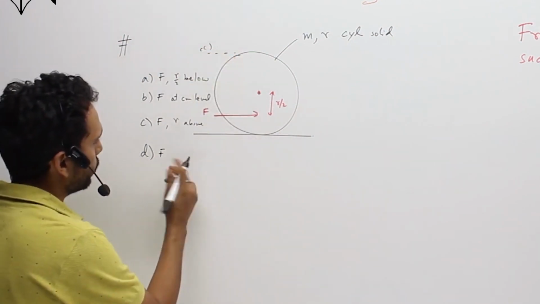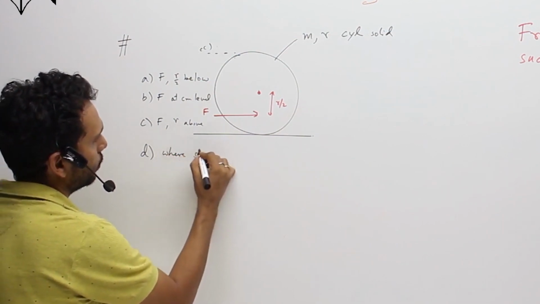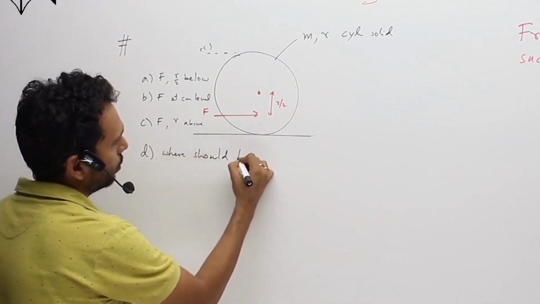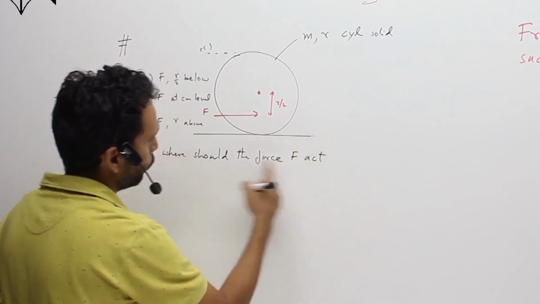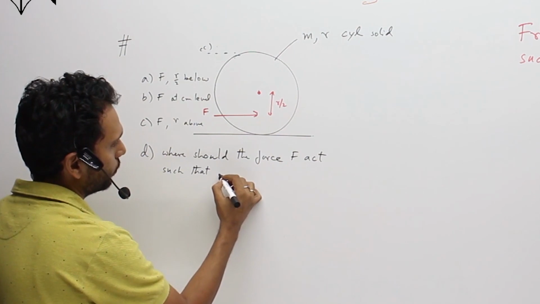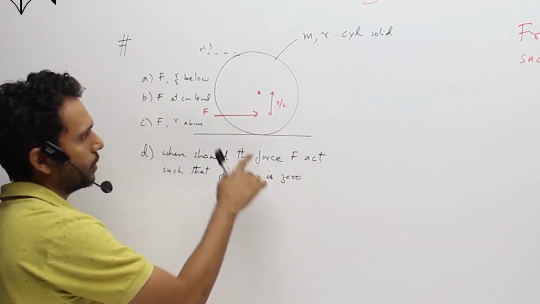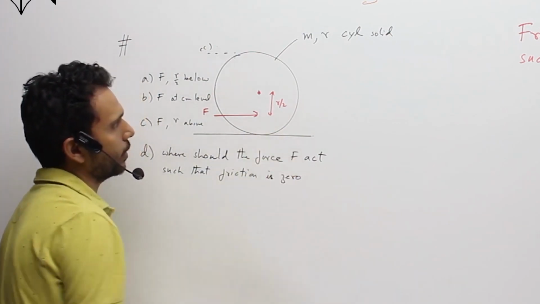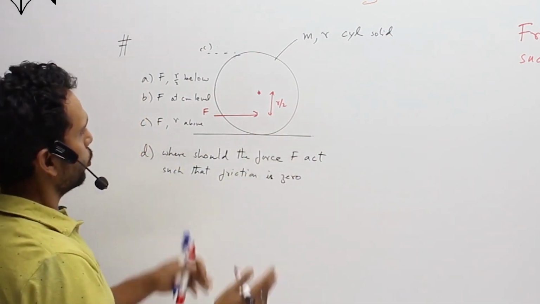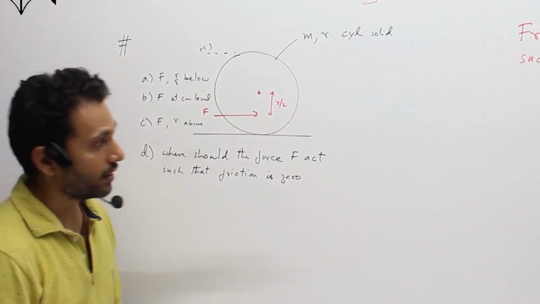And case D, where should F act? Where should the force F act such that the friction on the ground is zero? There is no friction required for the motion, so I can't describe it much, otherwise I'll reveal the answer.